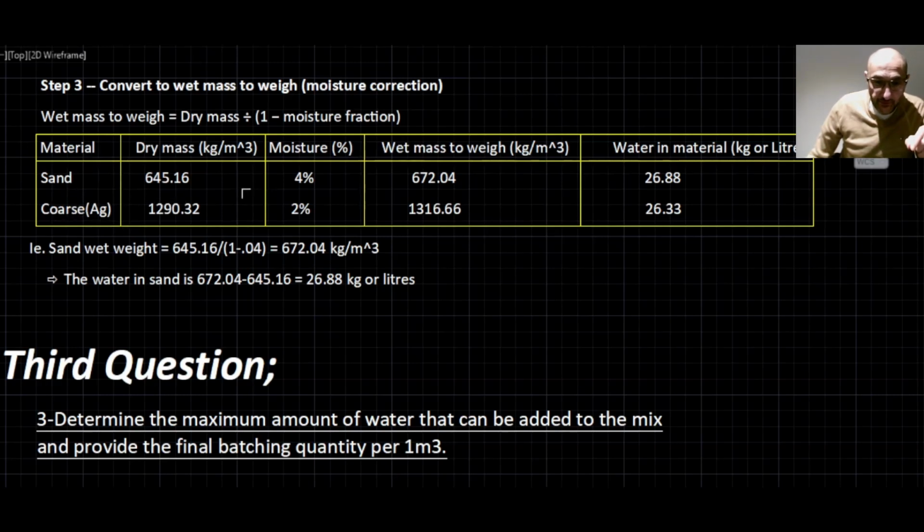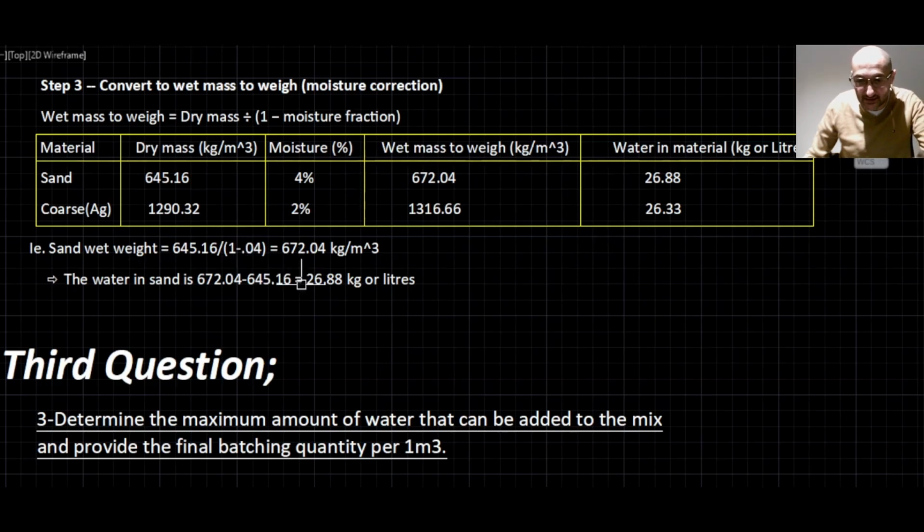So sand, the dry mass is 645.16. With 4% moisture, for example, here I put it down as sand wet weight is 645.16 divided by 1 minus 0.04, because 4 divided by 100 is 0.04. That will give us 672.04 kilogram per meter cube.